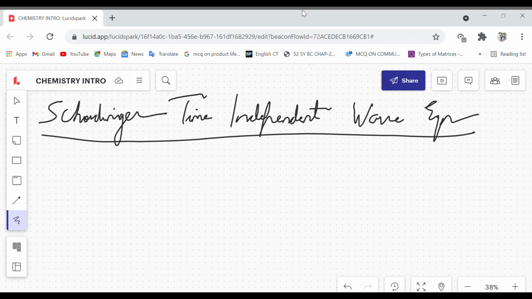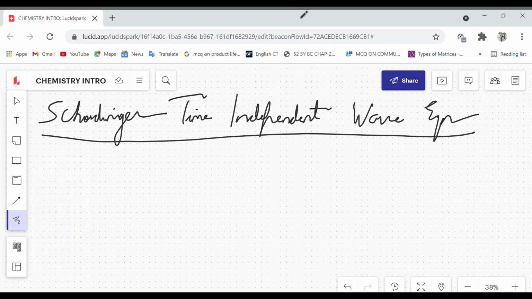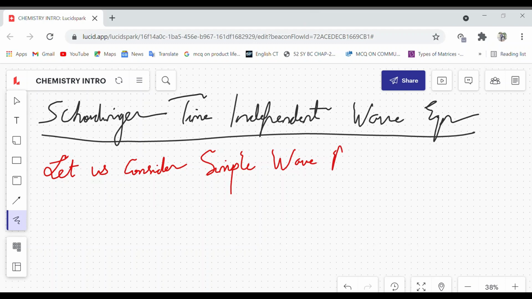So we can start writing with, let us consider simple wave motion like the vibration of a stretched string.